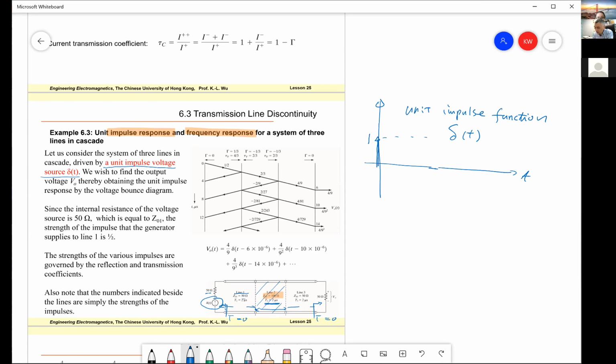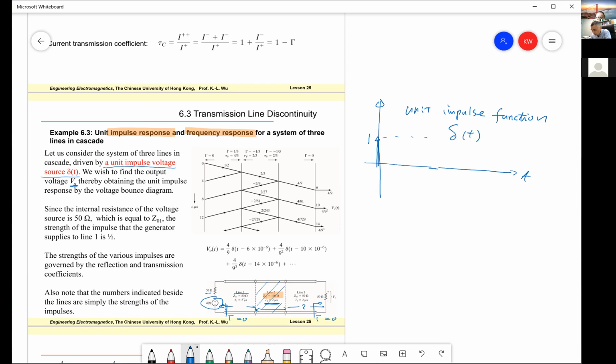Every section takes 2 microseconds. So this is our problem. Let's try to find the voltage at the source. No, sorry, try to find the output voltage.